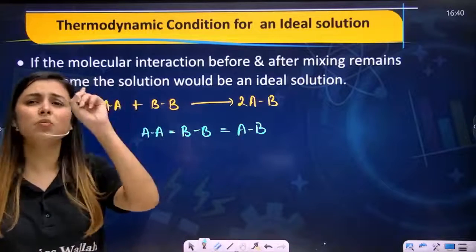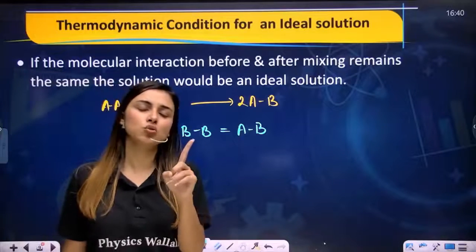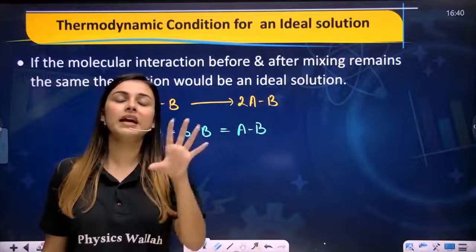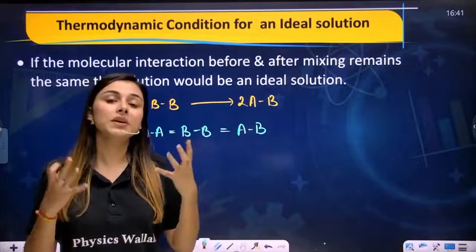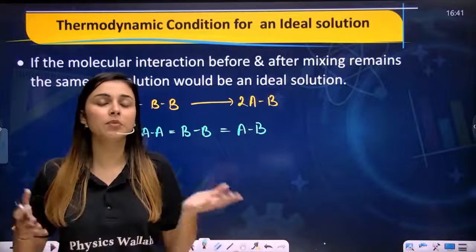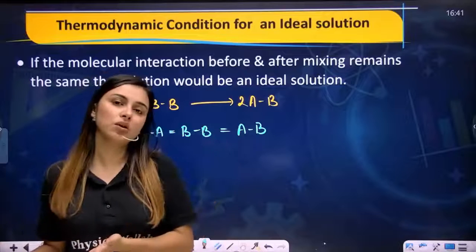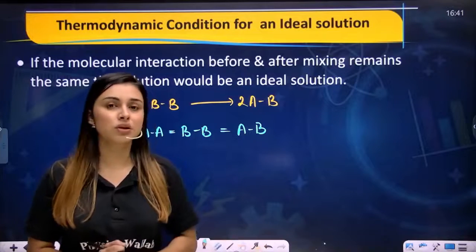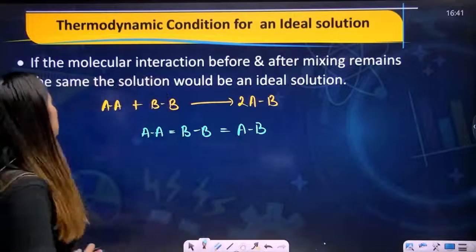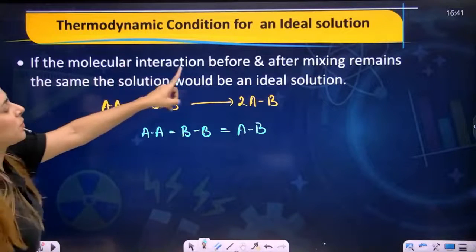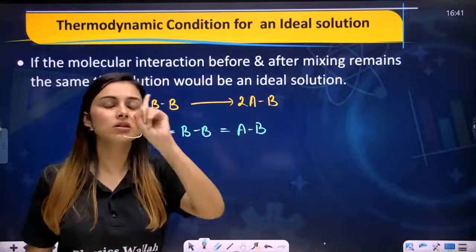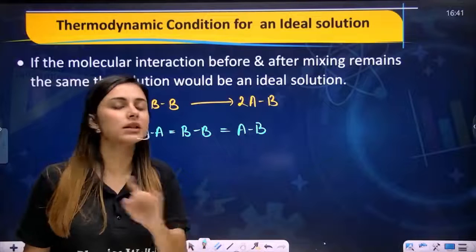The first and most important thing for an ideal solution is that the interactions between the solute, solvent and the solution should be similar. Only then can they behave ideally. If the interactions are different before and after the mixing, then it will not behave ideally. So if the molecular interactions before and after mixing remain the same, the solution will be an ideal solution. This is the most important case. If you're clear with this, then everything is clear.